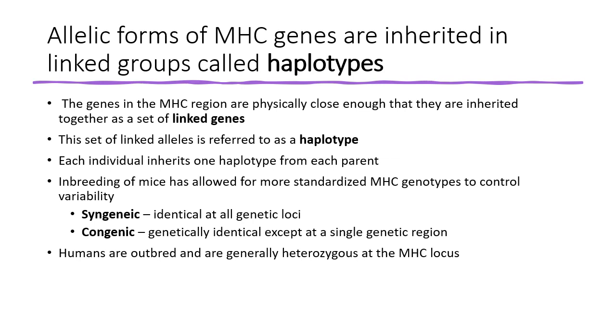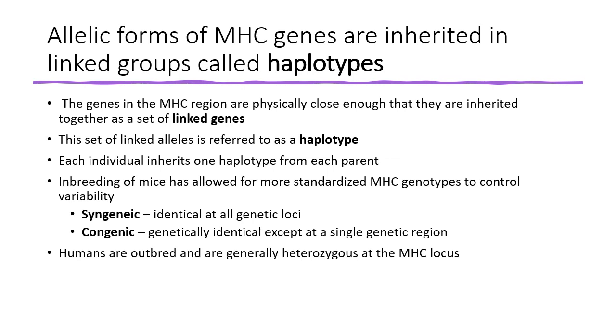We've actually taken advantage of this in mice, and we've created inbred mouse strains specifically on purpose so that we can study how the immune systems work. There's two terms that we tend to use with regard to mice in particular, but it also kind of applies to humans. Syngeneic means identical at all genetic loci, gene regions.